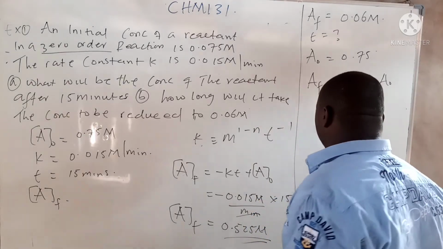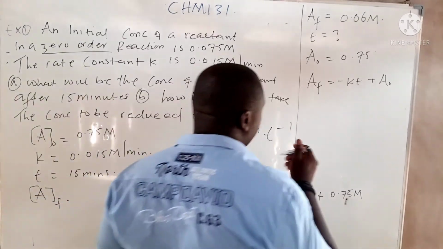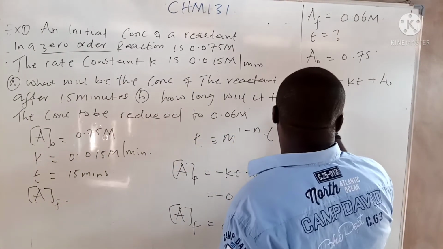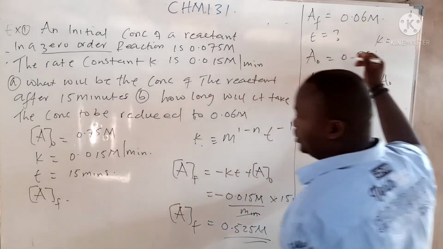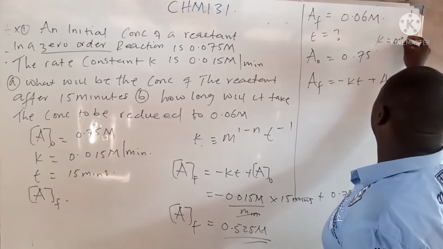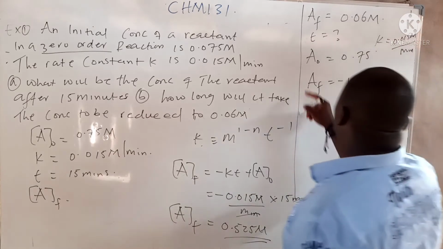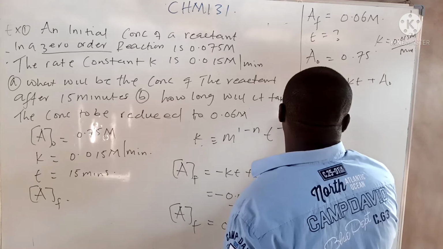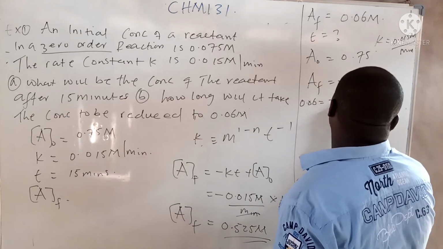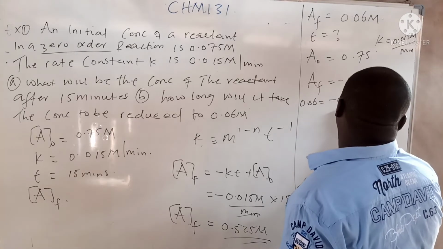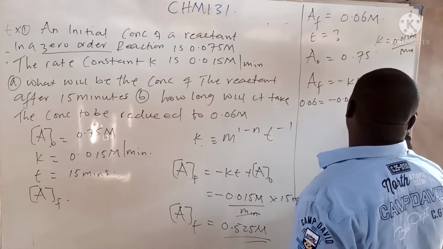So from here, we just input our values. What is it that we don't have here again? We have our K, it's already been given. Our K is 0.015 molarity per minute, right? Now we just insert it here. So we have 0.06 is equal to minus 0.015 T plus 0.75.